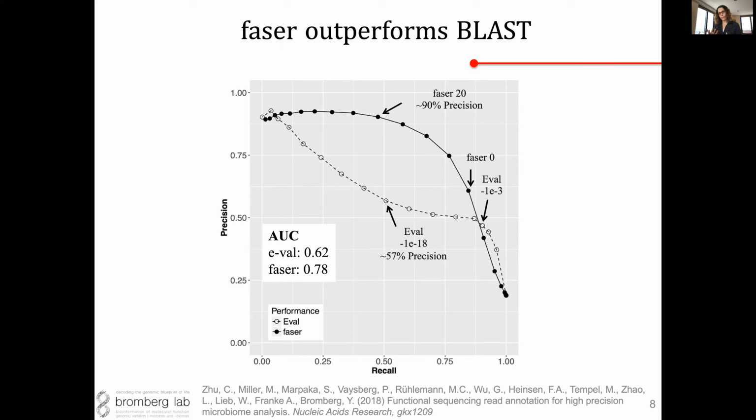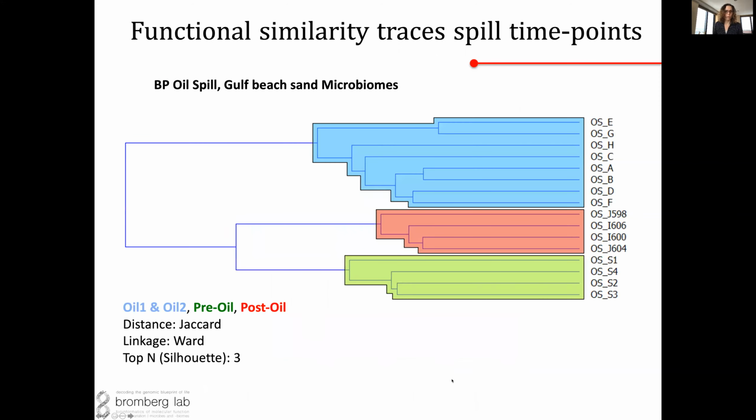And then you can compare these vectors to each other in any way you would like. So one approach is to use a Jaccard distance between the individual vectors describing metagenomic data, which is what we did here.